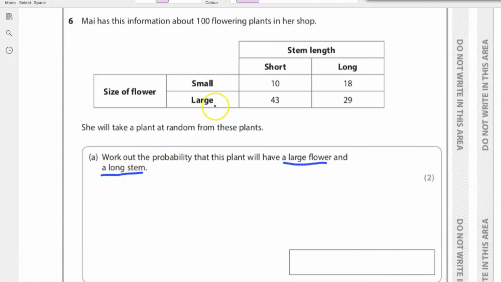From the table, you know this is the large and the long stem, so that is 29. So your answer would be 29 out of 100 flowering plants.